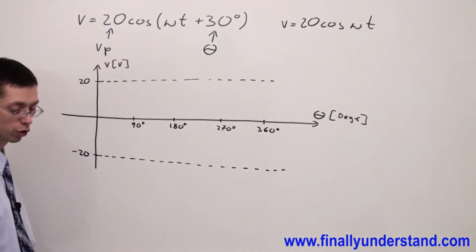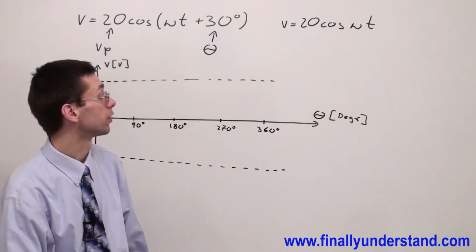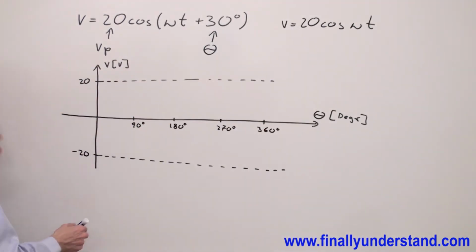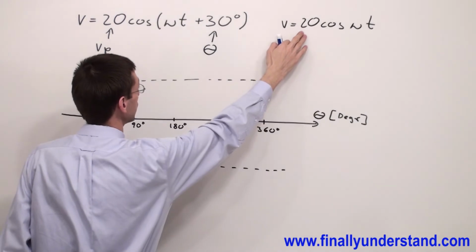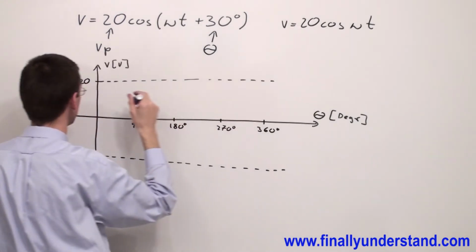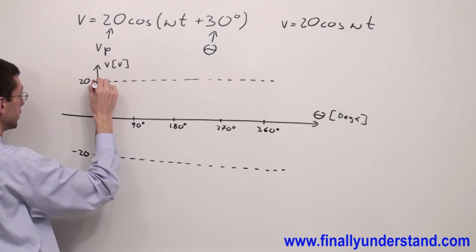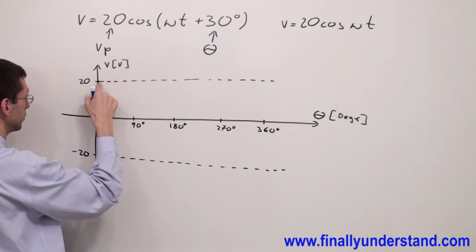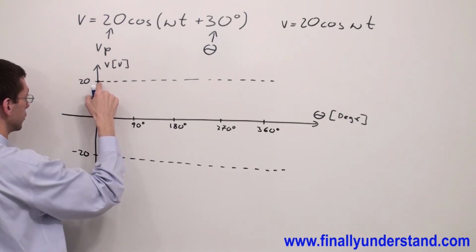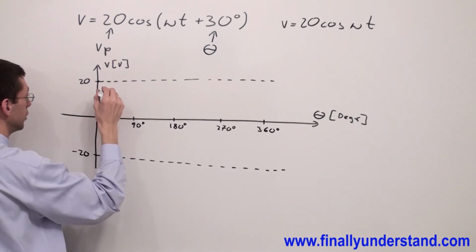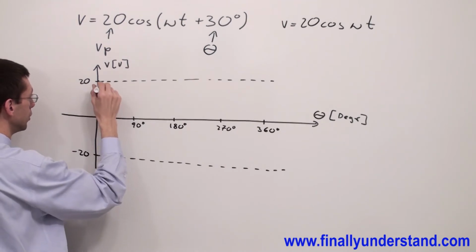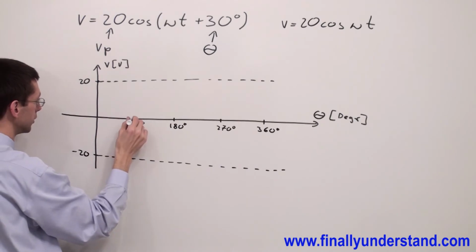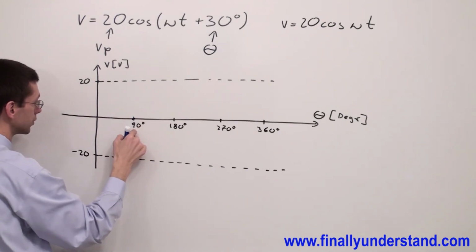I'm going to draw the dashed line in order to make my wave looking symmetrical. And first, we are going to draw the reference wave. Cosine wave. I have positive voltage in my equation, means I have to start from the positive peak value. Remember, anytime you have cosine wave which starts from the positive value, that cosine wave is going to have zero crossing, negative going at 90 degrees.